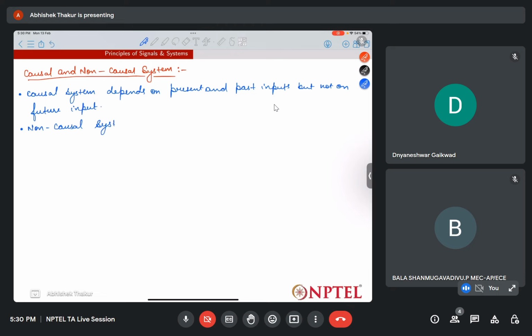A non-causal system also depends on the future input.